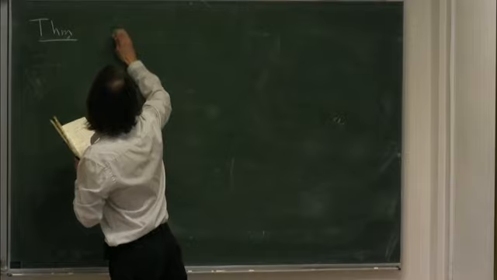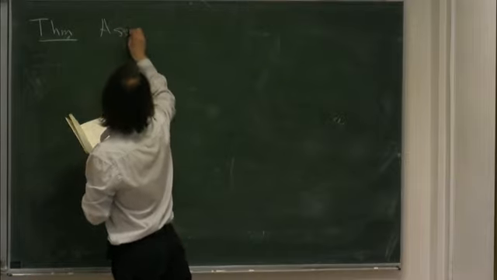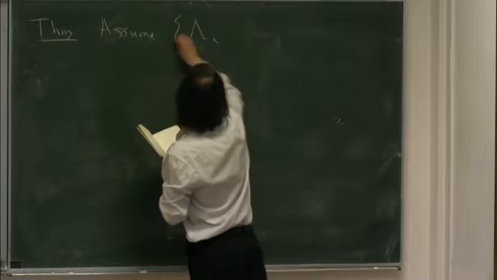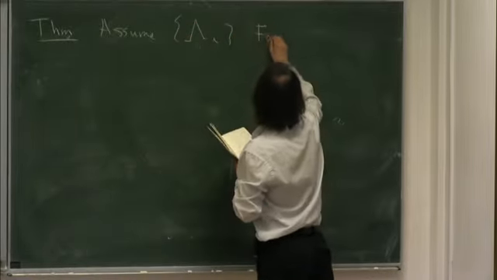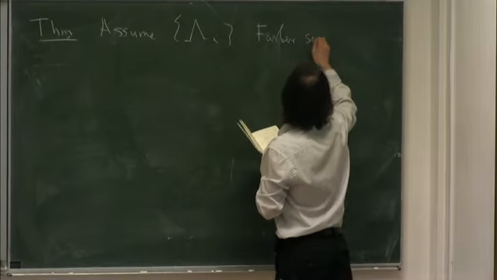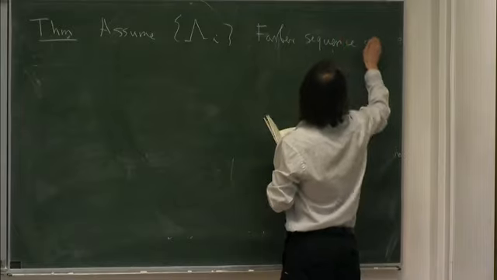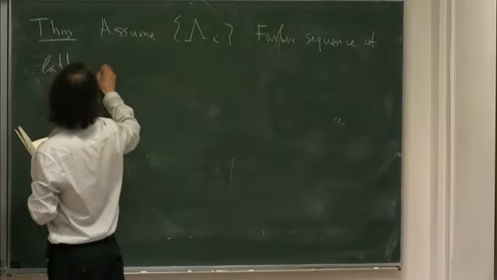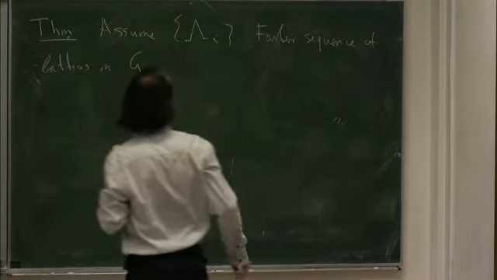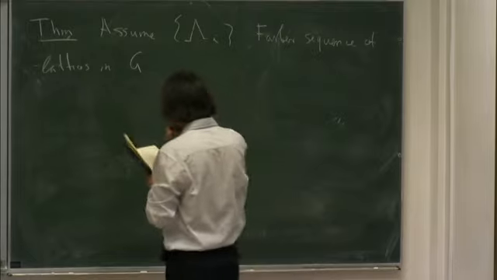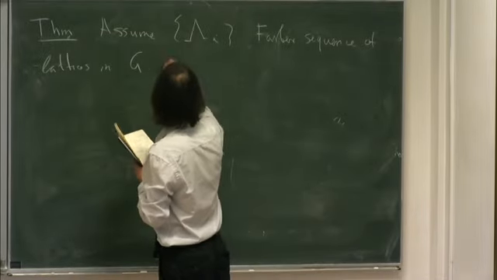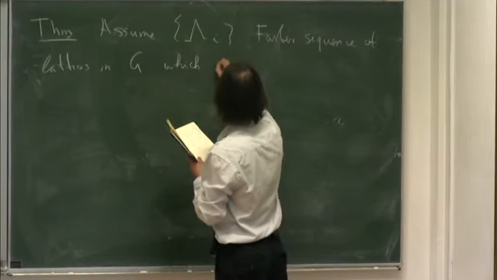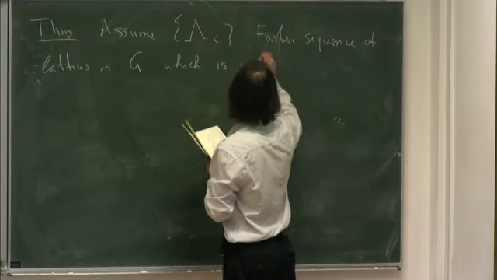Now assume that this is a Farber sequence of lattices in G. And also assume we need this condition that we cannot avoid, which we call uniformly discrete.